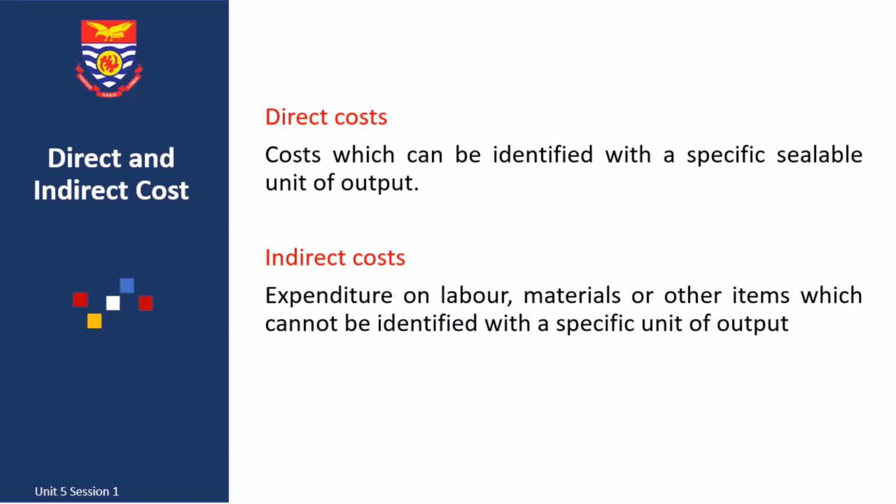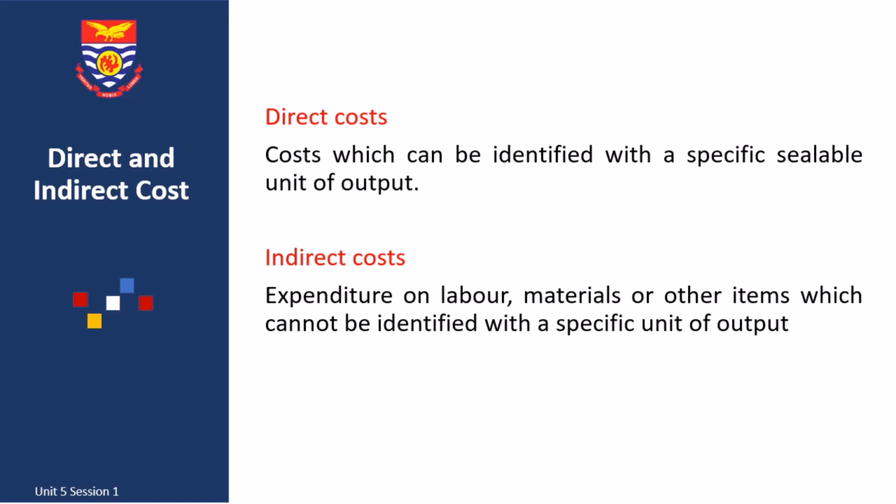However, indirect costs are the expenditure on labor, materials, and other items which cannot be identified with a specific unit of output. For example, the indirect material cost of a textbook will include oil used to lubricate the printing press, and the indirect labor cost will include salaries of supervisors and the sales staff.